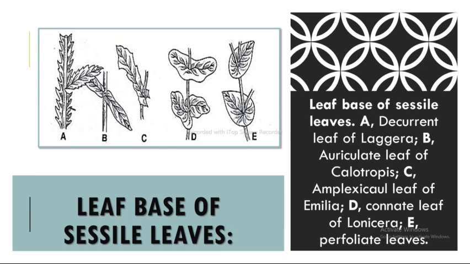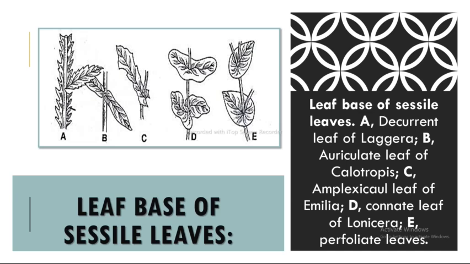Leaf base of the sessile leaves. So leaf base of sessile leaves, there are different types, and in the figure A you can see that this is a decurrent leaf of Ligera. In the figure B you can see this is auriculate leaf of calotropis. In the figure C you can see this is the amplexicaul leaf of the Amelia.